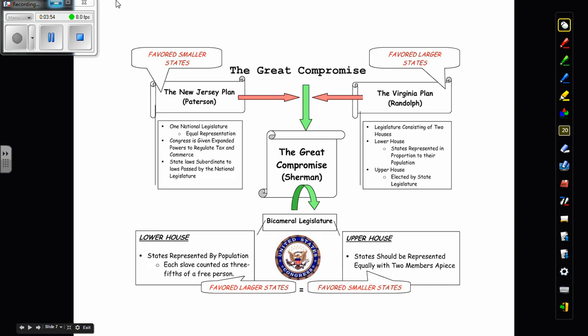And so this is kind of an overview of the Great Compromise. You had the New Jersey Plan, the Virginia Plan, and the Great Compromise. And remember, that's a bicameral legislature that was created, half favoring larger states, half favoring smaller states.